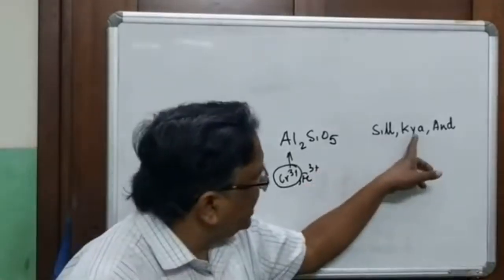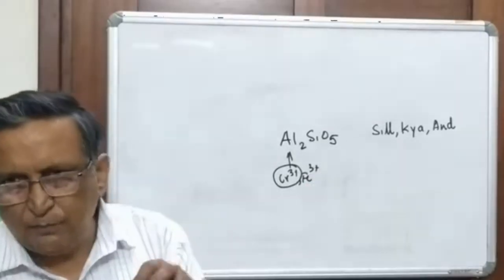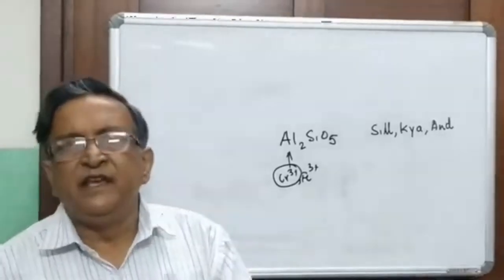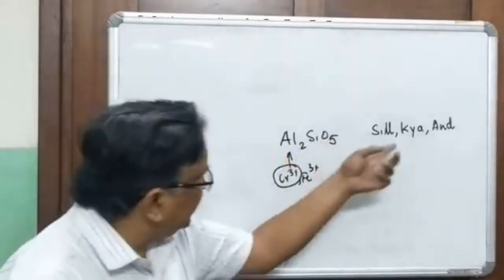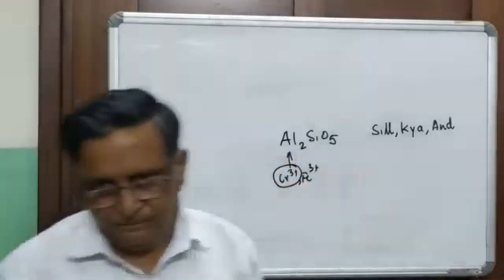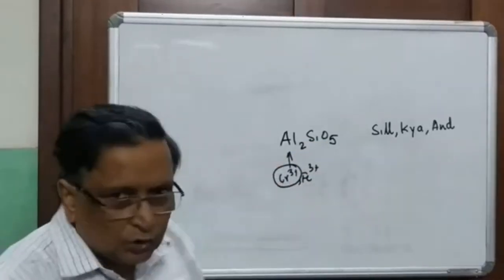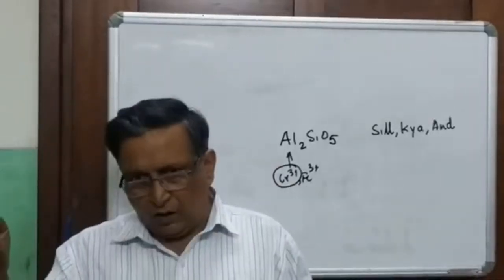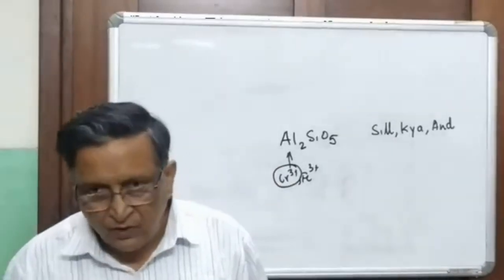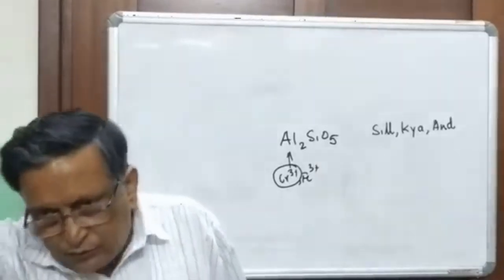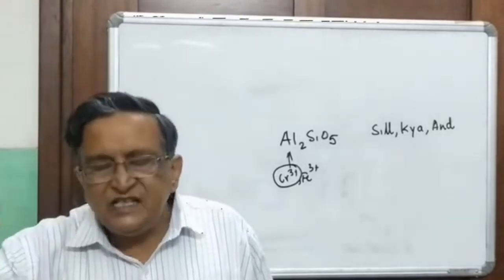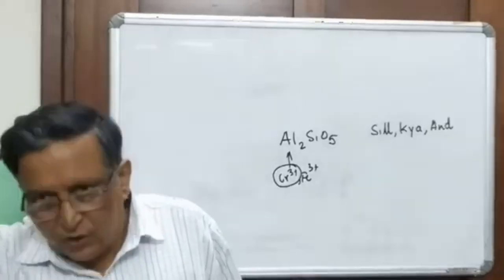So normally, not normally, always, in eclogite facies, the stable Al2SiO5 polymorph is kyanite, and kyanite contains a lot of chromium. So unless you know the composition of individual minerals in a rock, which is your system, you cannot find out what is the chemical composition, what is the system component of the rock.